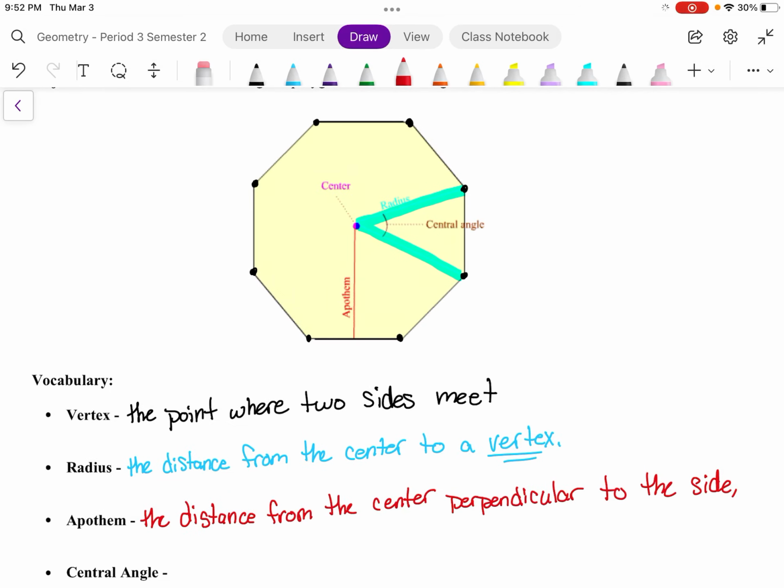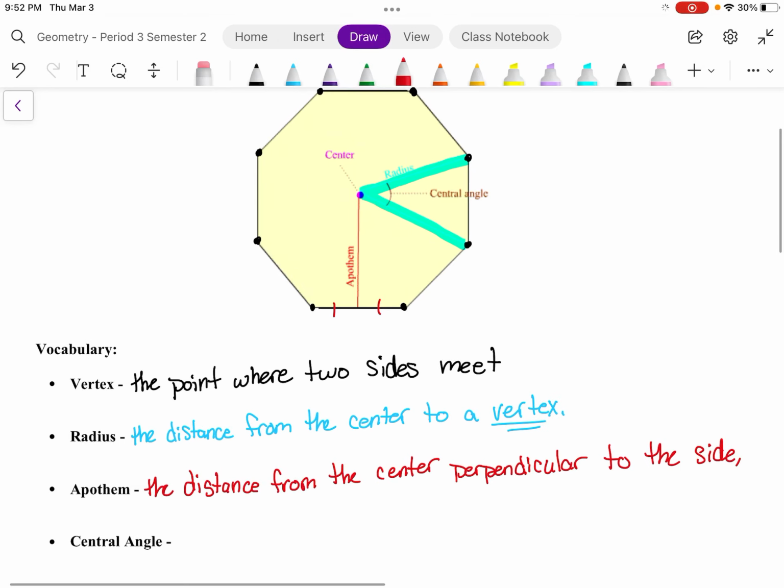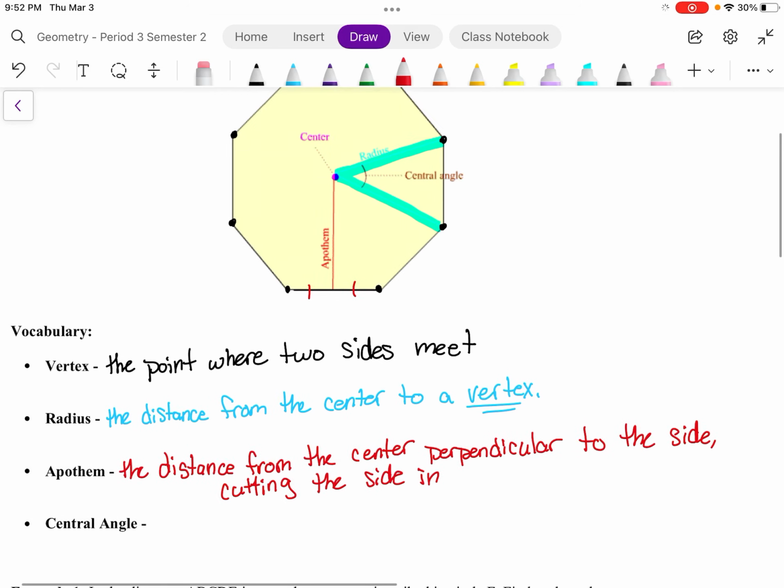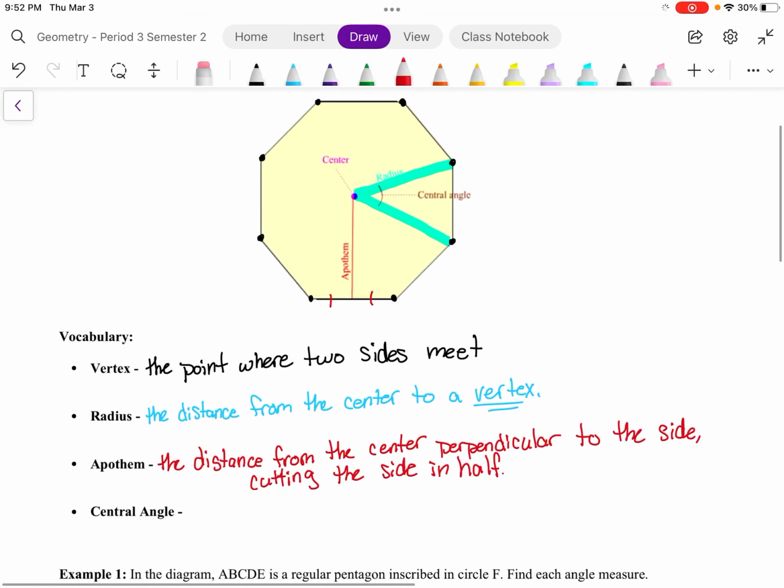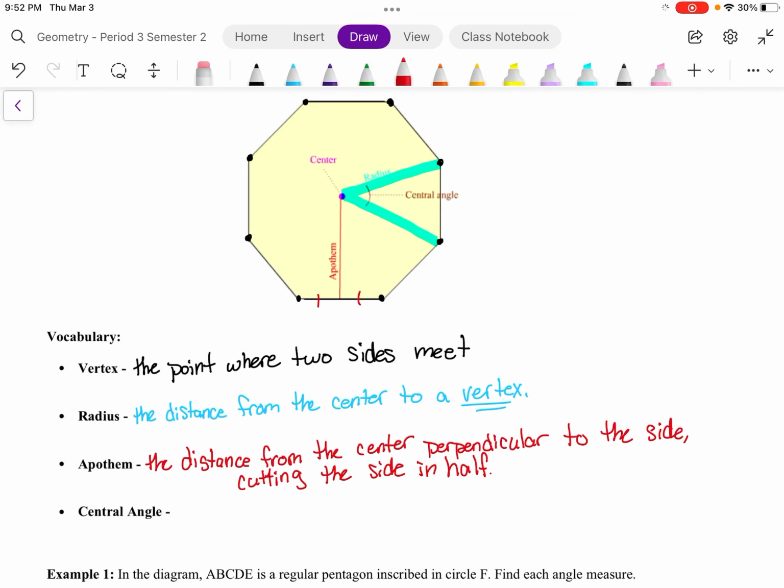And when it goes perpendicular to the side, it actually cuts that side length in half. And that's going to be useful to us because that's going to help us calculate the area of a polygon. Alright, so make sure you get that definition drawn or written down on our shape.